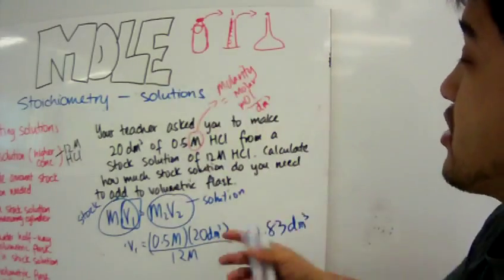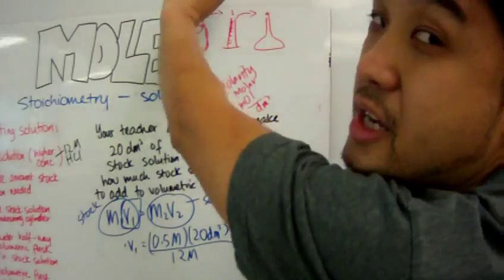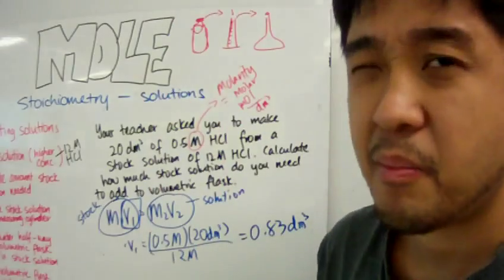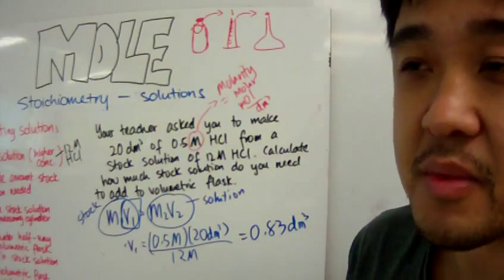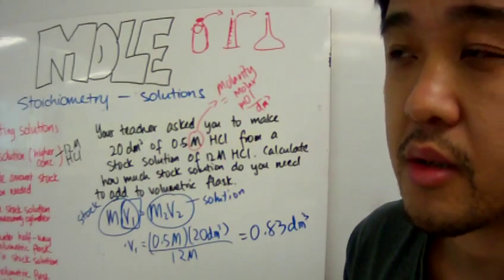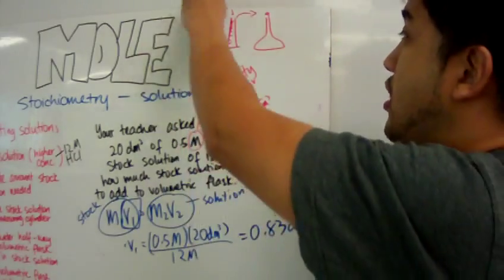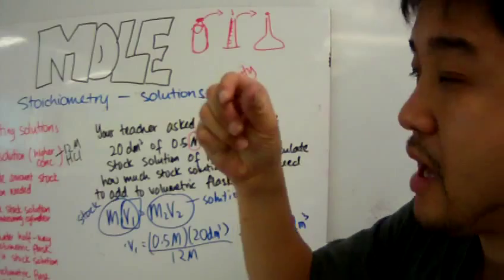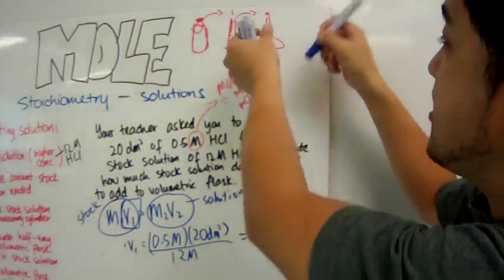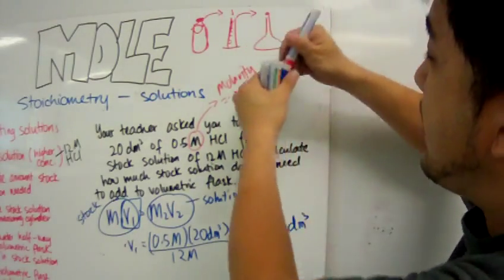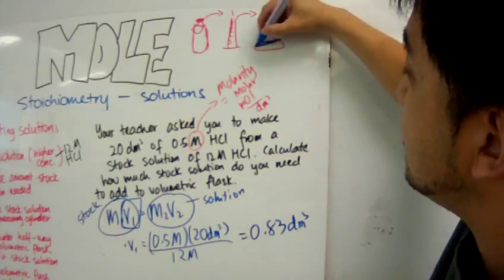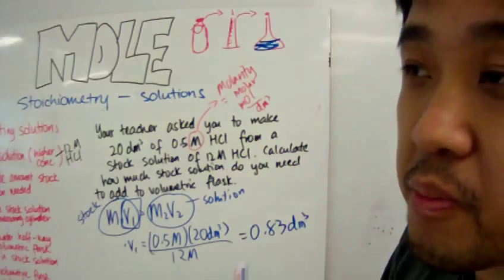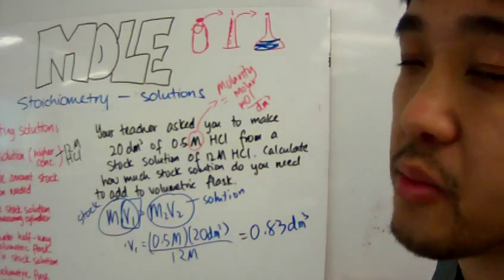So I'll take the stock solution and pour in 0.83 cubic decimeters of it. Then I'll take my volumetric flask and fill it about halfway with good distilled water.